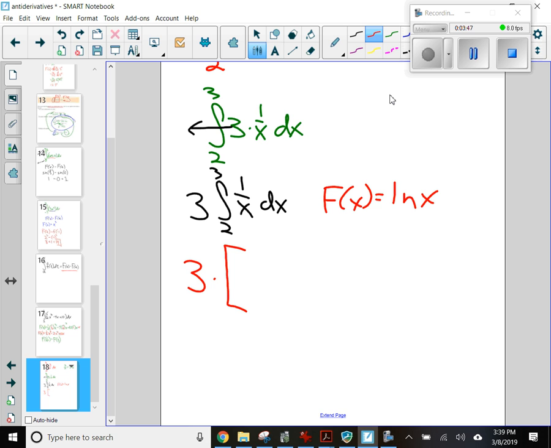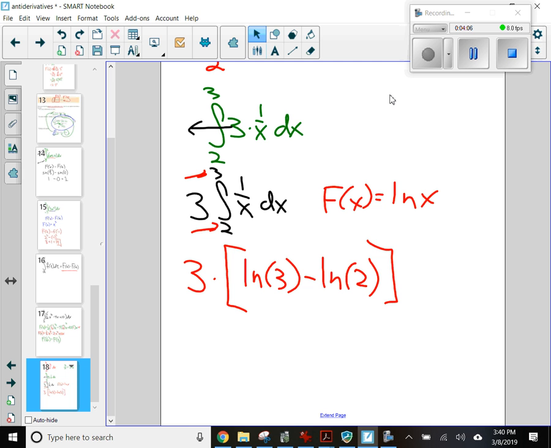So what I have here is ln 3 minus ln 2, my upper limit of integration minus my lower limit of integration.